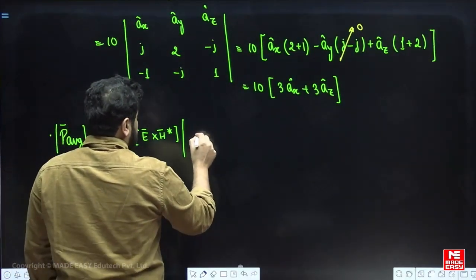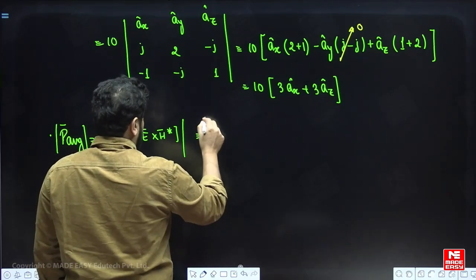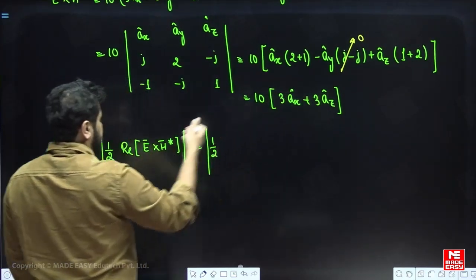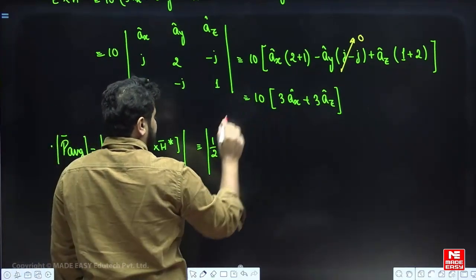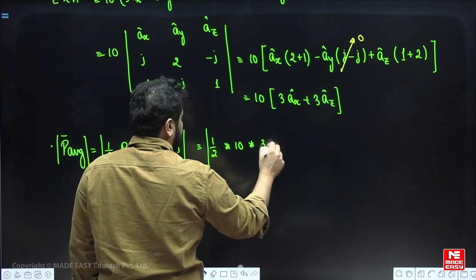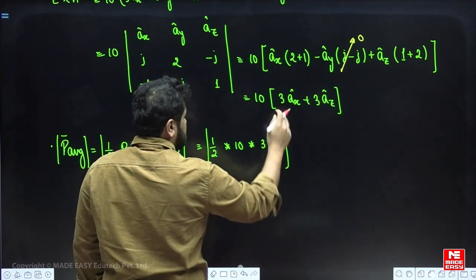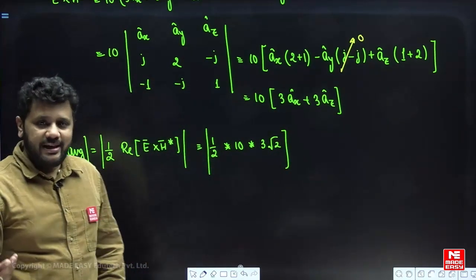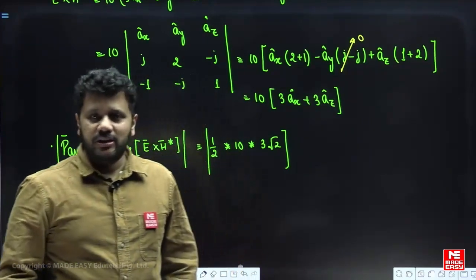There is no imaginary term, so it is in real format. This is 10 multiplied by 3 root 2. Either you can do 3 square plus 3 square, that is 18, and the root of 18 is 3 root 2.